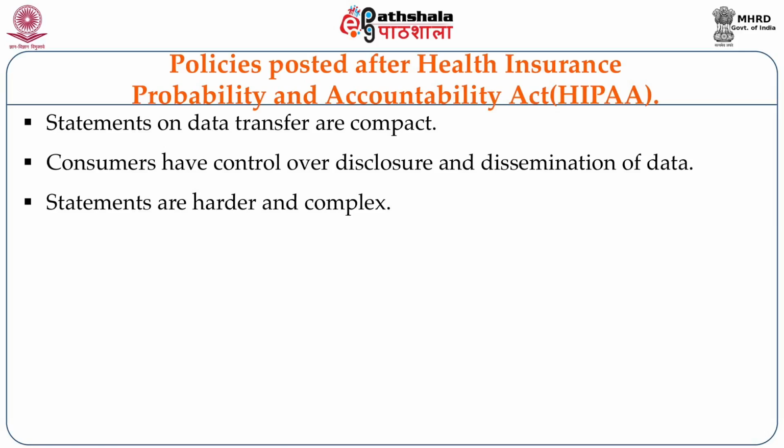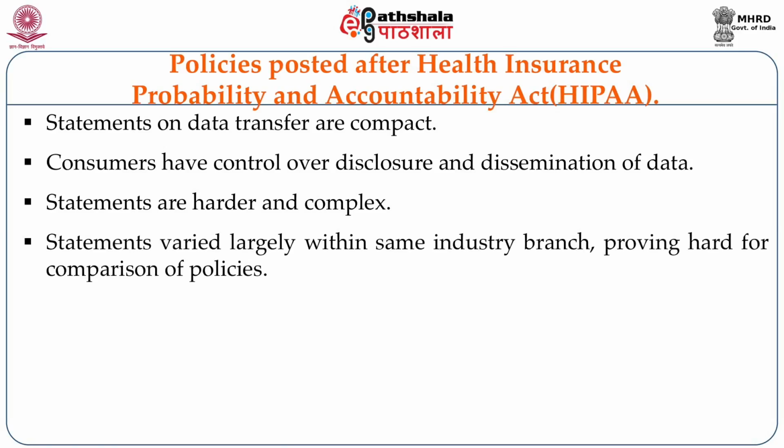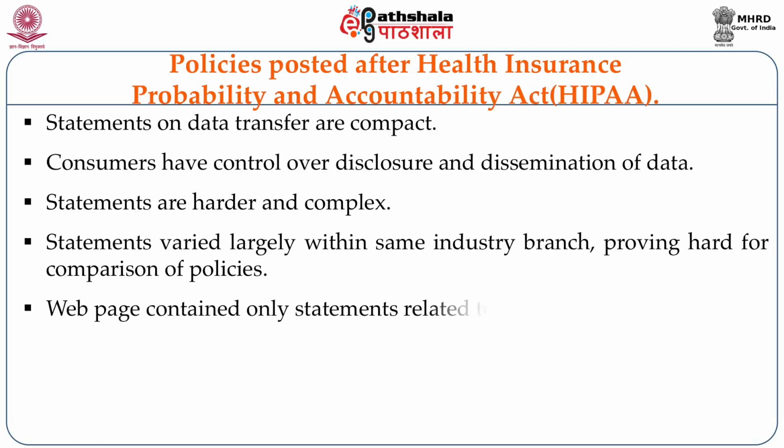Statements were longer and more complex, making them harder for consumers to understand. Even within the same industry branch, statements varied substantially, making it hard for consumers to compare policies. Statements were unique to specific web pages, meaning they covered more precisely the content and function of a particular page.